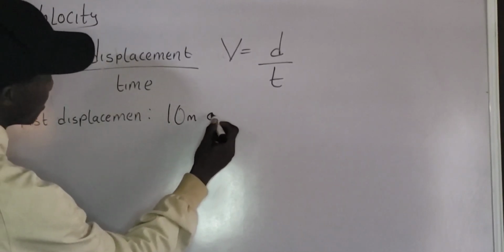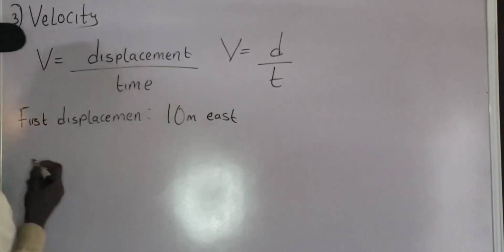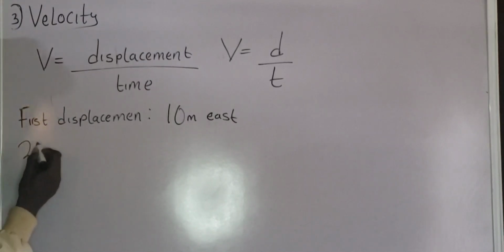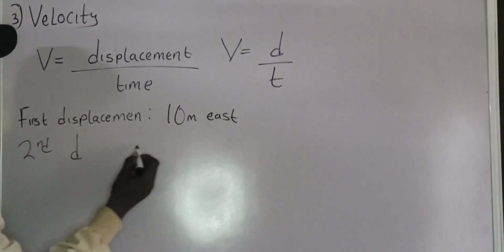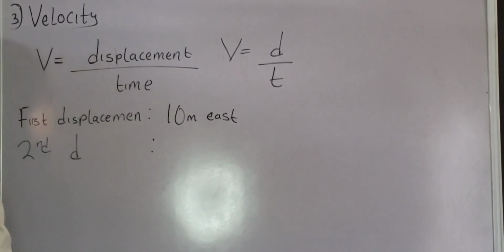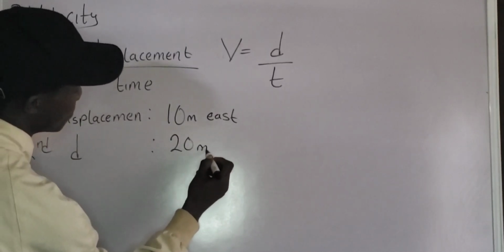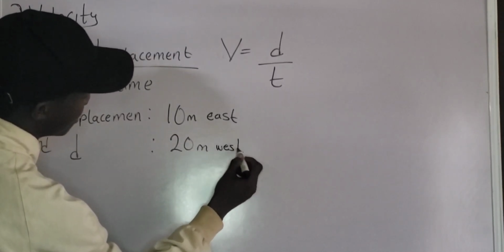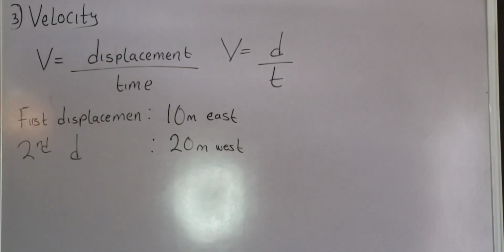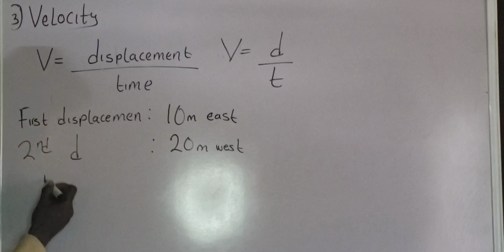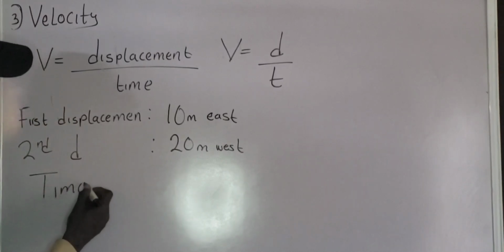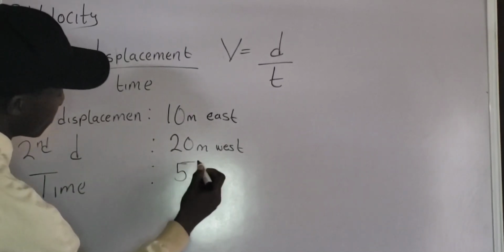Then the second displacement is 20 meters west. The total time taken is 5 seconds. Time is what? 5 seconds.